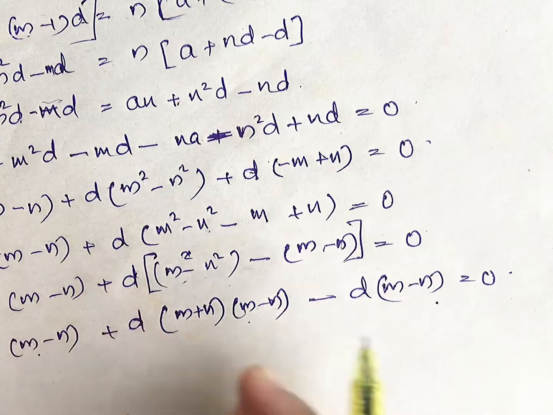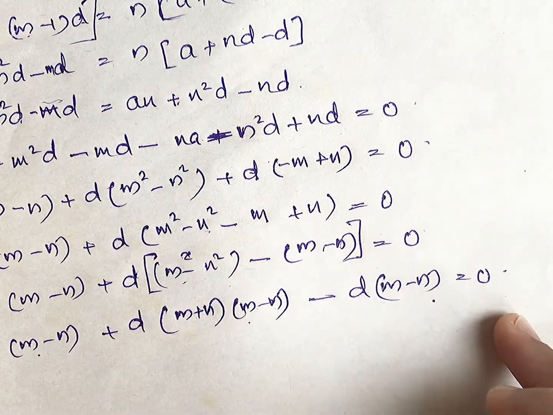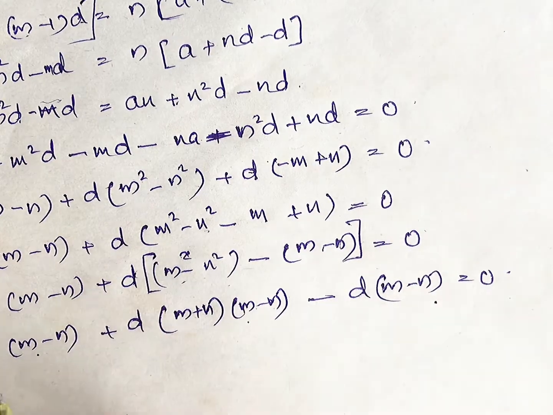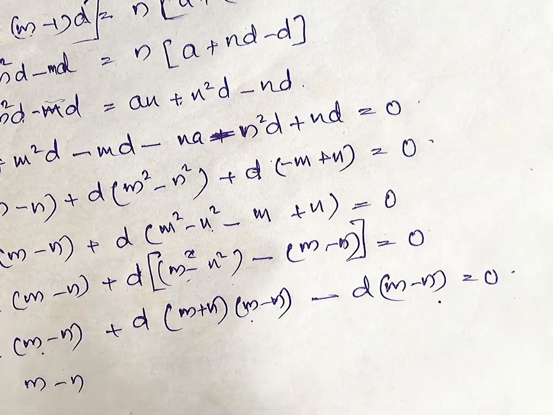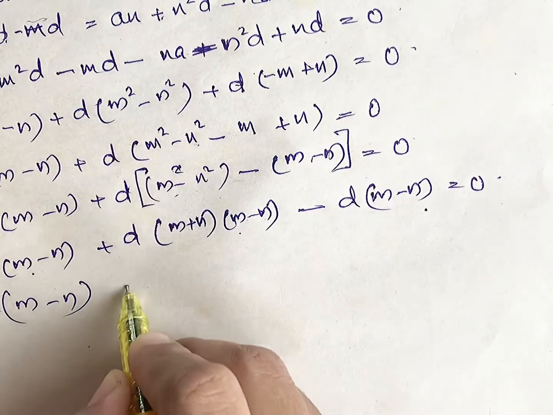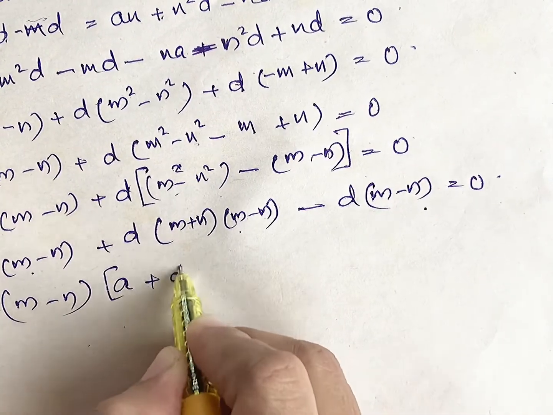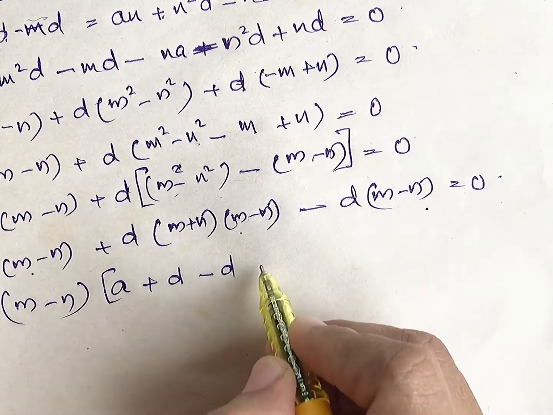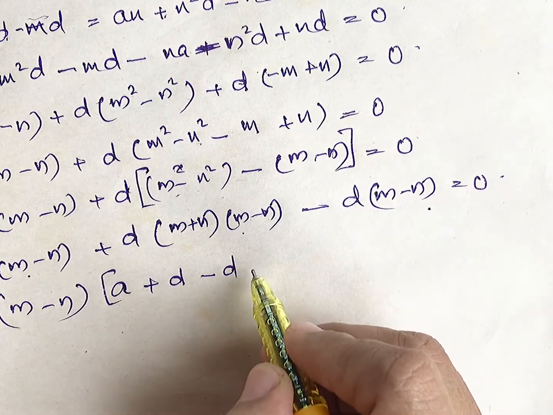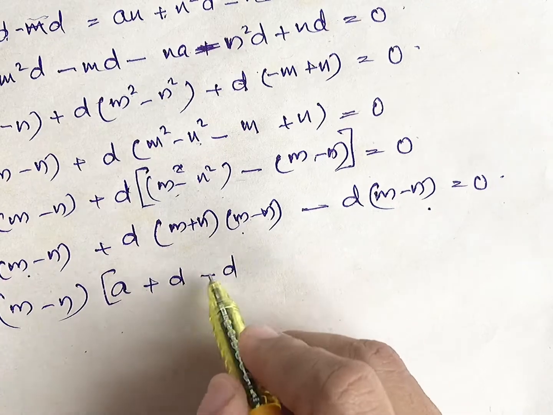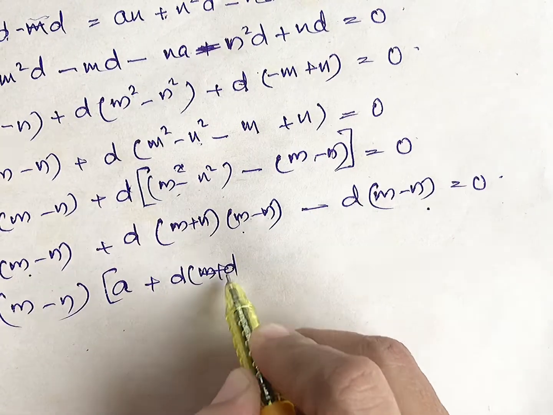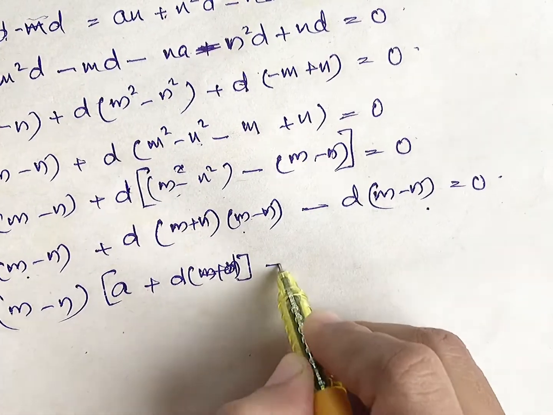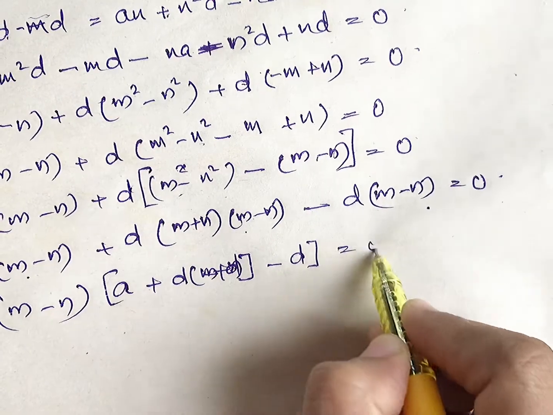Therefore, taking m minus n as a common factor, (m minus n) into (a plus d into (m plus n) minus d) equal to 0, right?